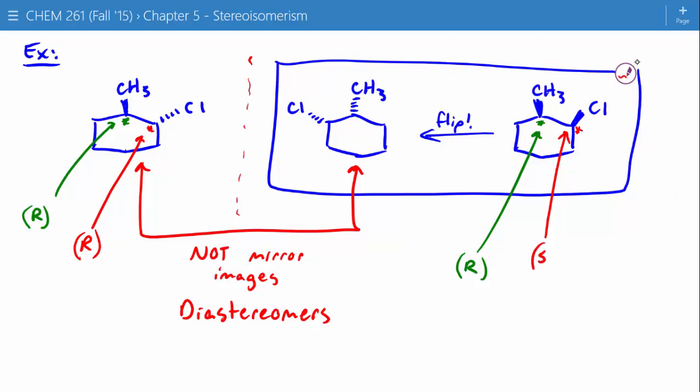S. So with enantiomers, we flip every single stereocenter. But with diastereomers, we flip some, but not all of them. So you can flip 1, 2, or 3 if you've got 3, but you can't flip them all. If you flip them all, they become enantiomers, right?